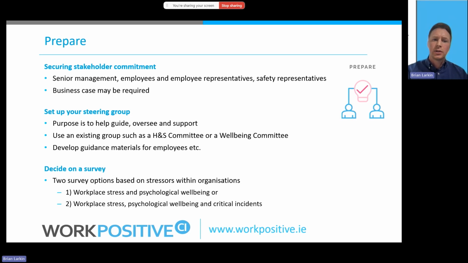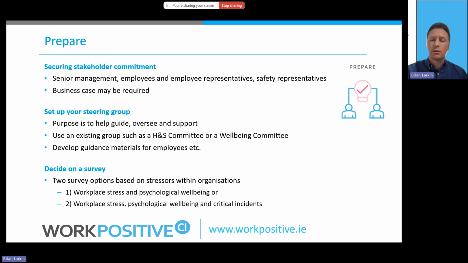It also includes a wellbeing index, and Robert will talk to this later, but it's a combination of 2 validated tools, the PHQ-4 and the WHO-5 wellbeing index. Or you have a choice to run additional questions around critical incident exposure, which may be impacting employees.